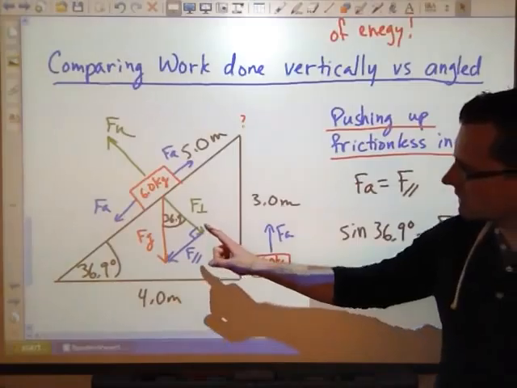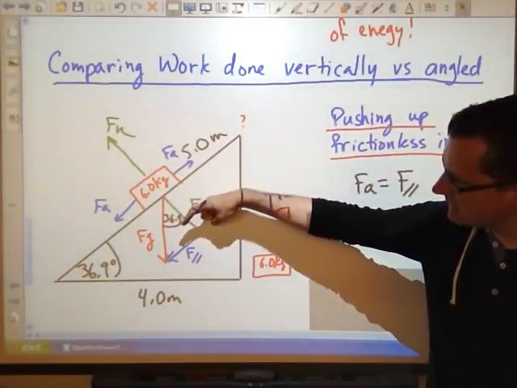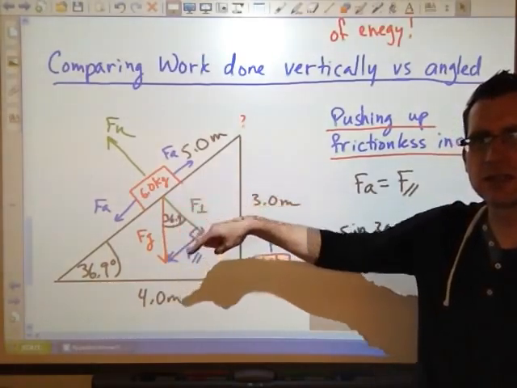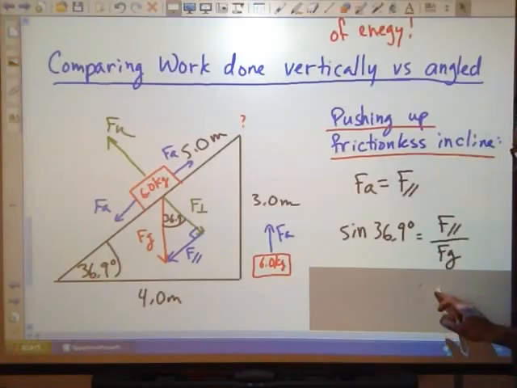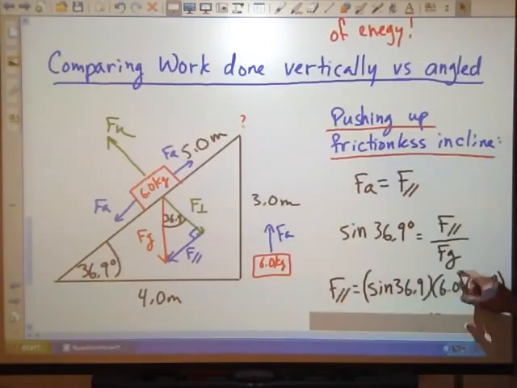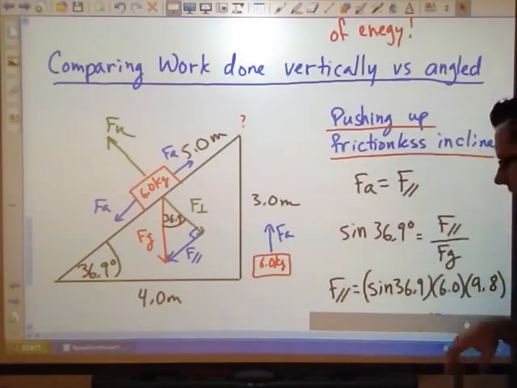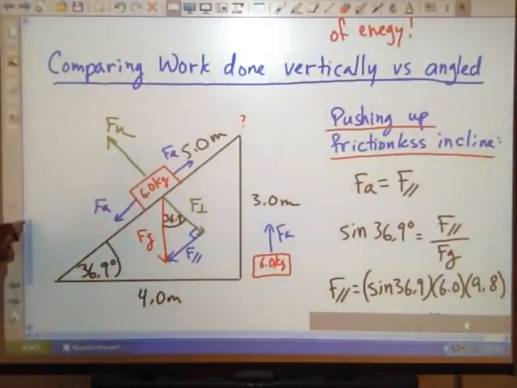So looking at this triangle here, F parallel is the opposite side, Fg is the hypotenuse, and the angle there is 36.9. So the sine of 36.9 is equal to F parallel over Fg. Multiply each side by Fg to get F parallel isolated.